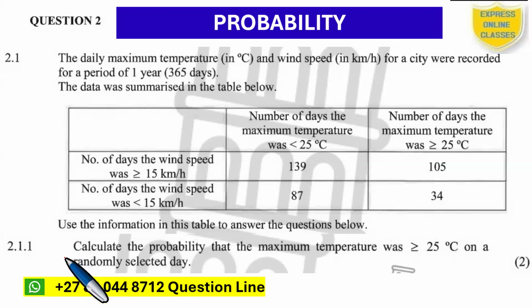Here you need to use the information in this table to answer the questions that follow. Calculate the probability that the maximum temperature was greater or equal to 25 degrees Celsius on a randomly selected day. You have 2 minutes. You have exactly 2 minutes to do this question.